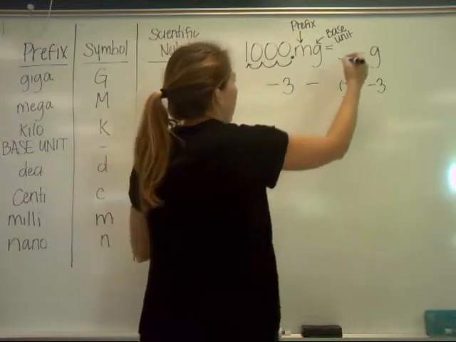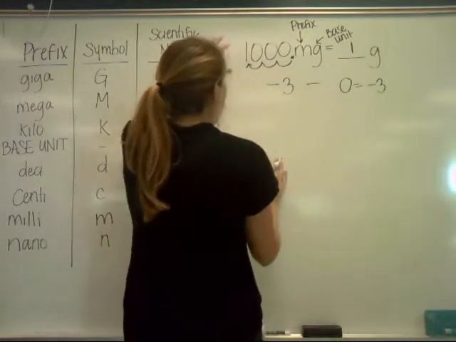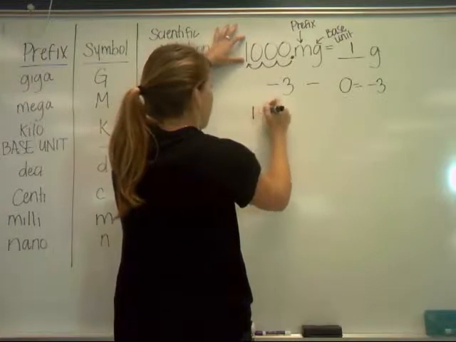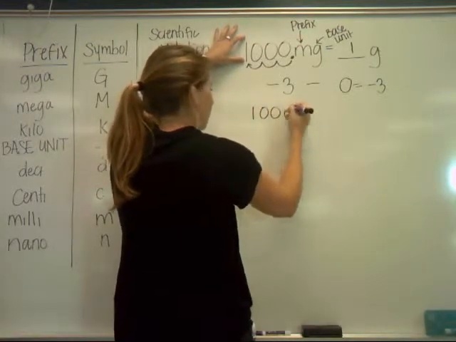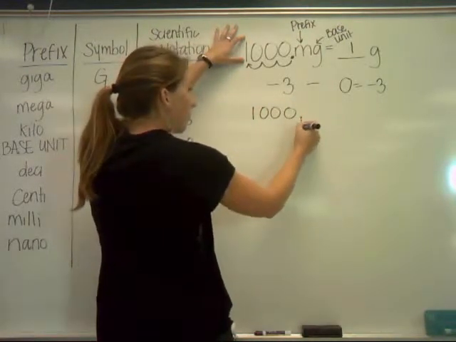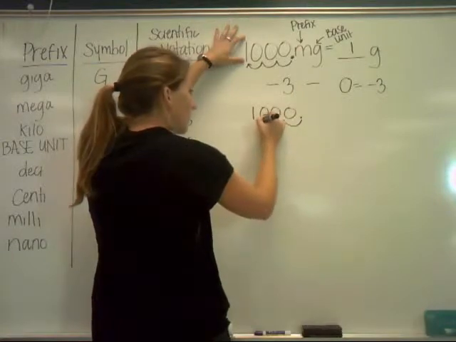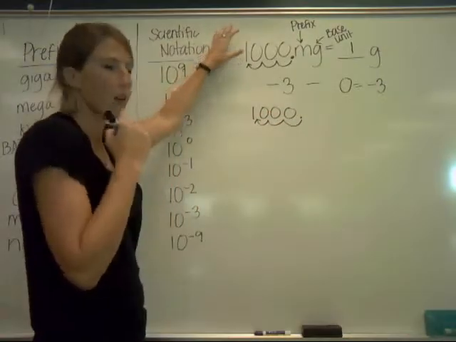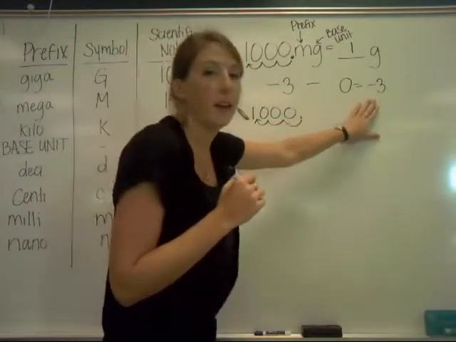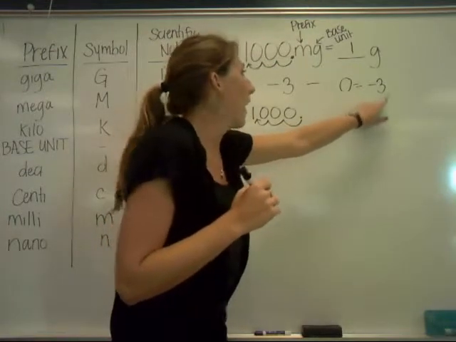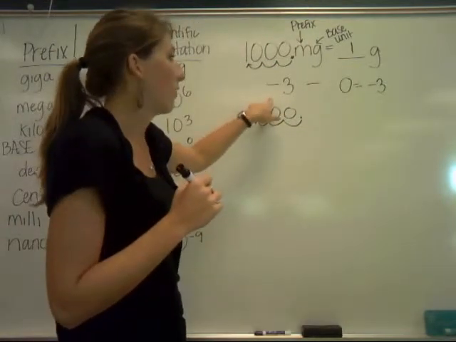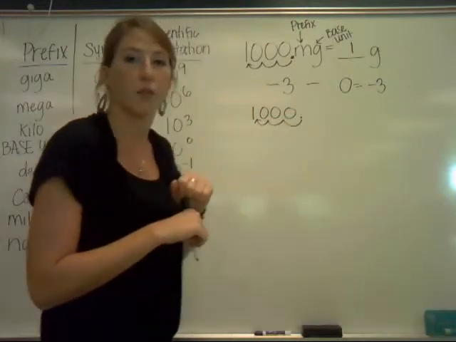That means that my answer is 1 gram. I got that 1 because if I rewrite this, I'm moving my decimal place 3 spaces. I went left because this number's negative, and I went 3 because negative 3 minus 0 is negative 3.